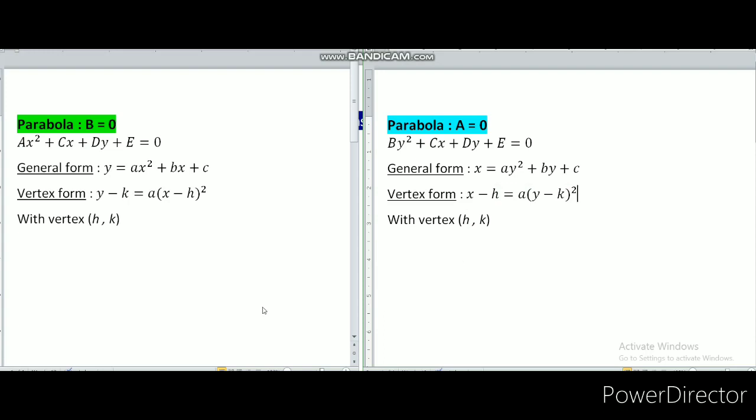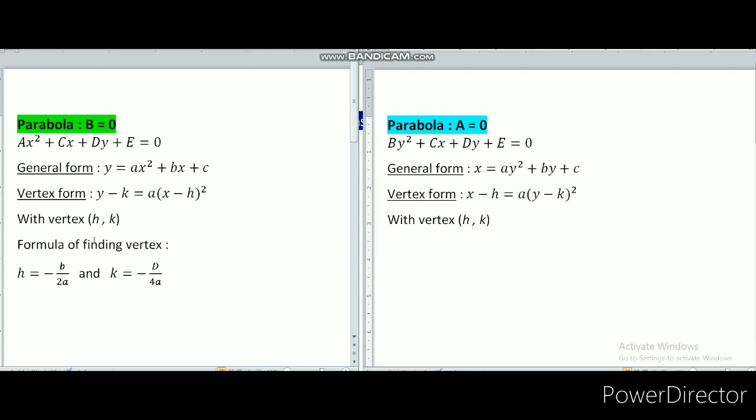Okay, so now how about the formula? We have already learned two methods to find the vertex: first, by converting into a vertex form, or by using the formula from the general form. The formula I will just discuss briefly. You have already known this.